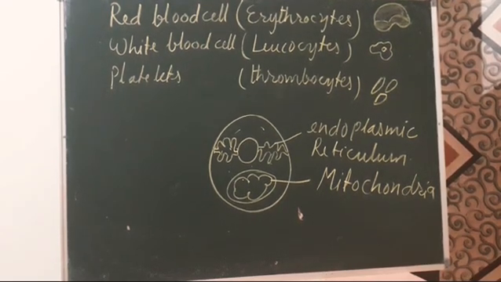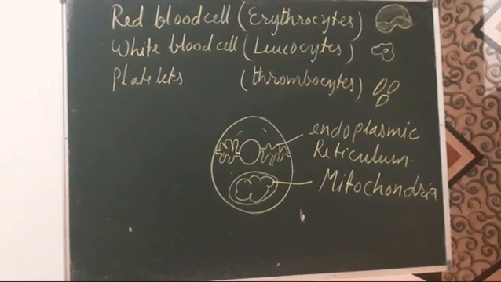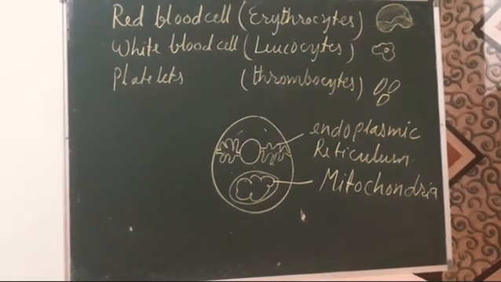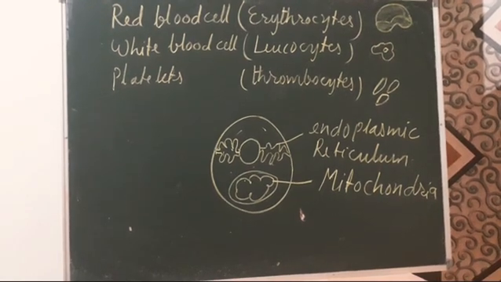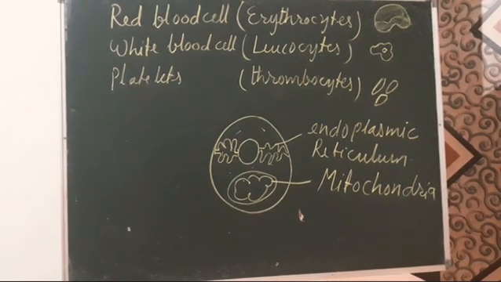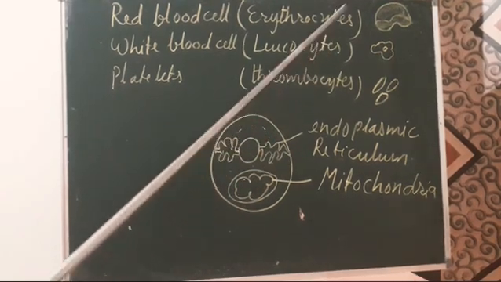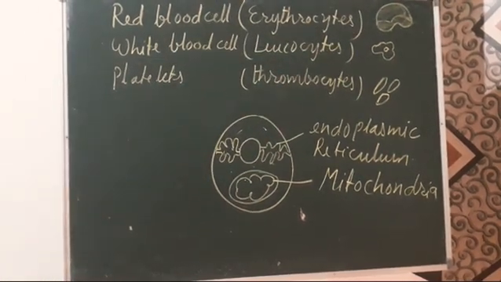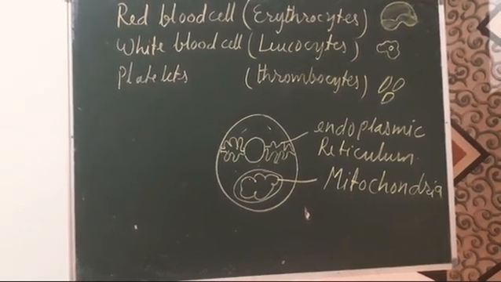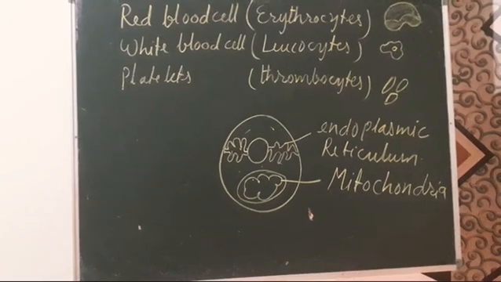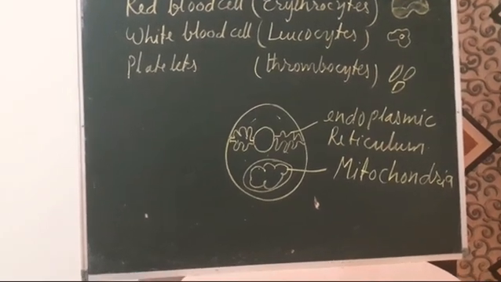Secondly, loss of mitochondria means full transport of glucose in blood plasma, unused by the RBCs. And the next is no endoplasmic reticulum. No endoplasmic reticulum is found in the RBCs, which means increased flexibility of RBCs for their movement through narrow capillaries.